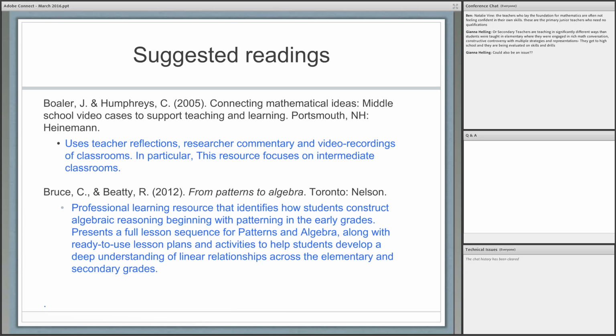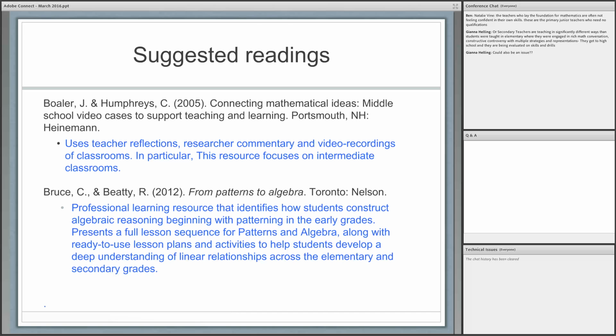For instance, we have one at the University of Ottawa called Enhancing Mathematics and Science Understanding. It's a course that's just about deepening their own understanding, not about how to teach math and science, but it is about looking at some fundamental ideas in math and science and using an inquiry approach. And I know that other universities are doing that.